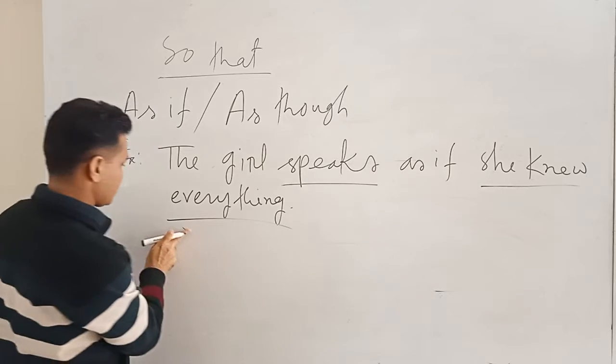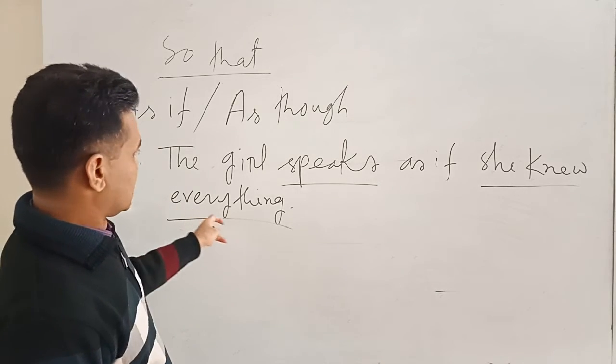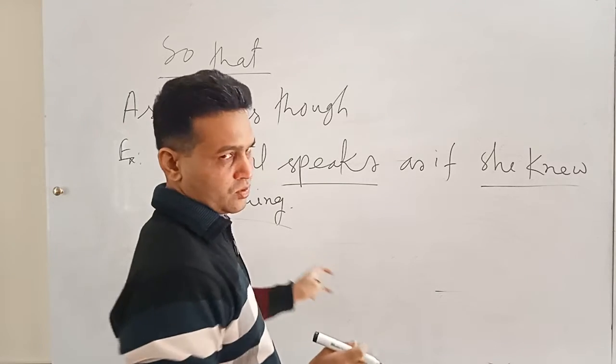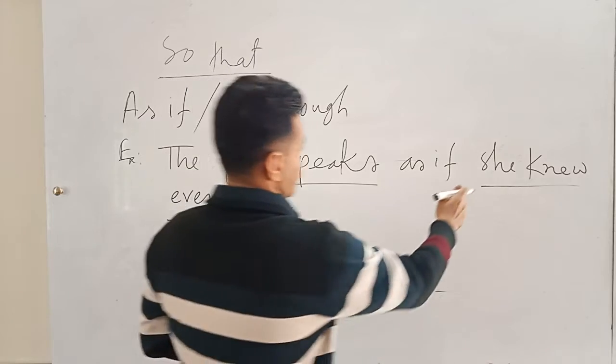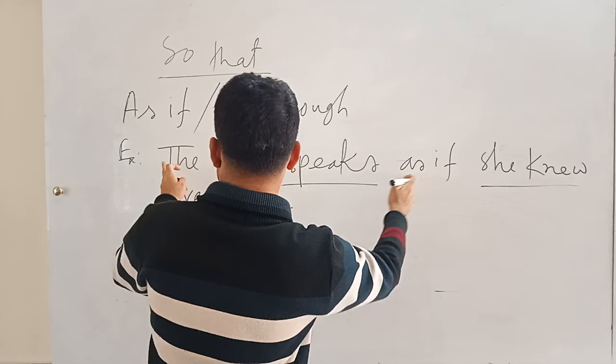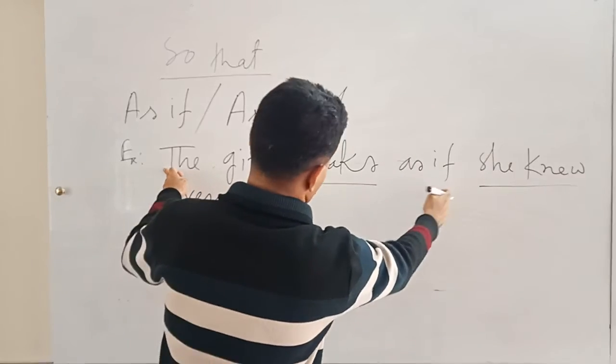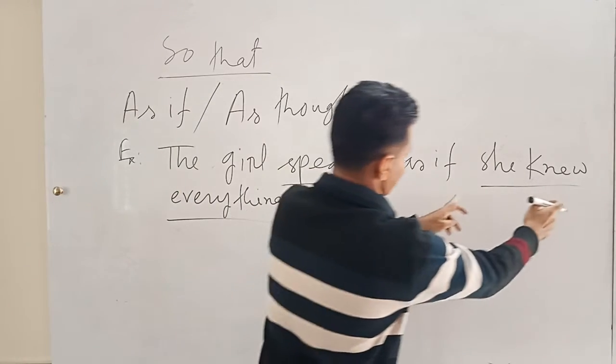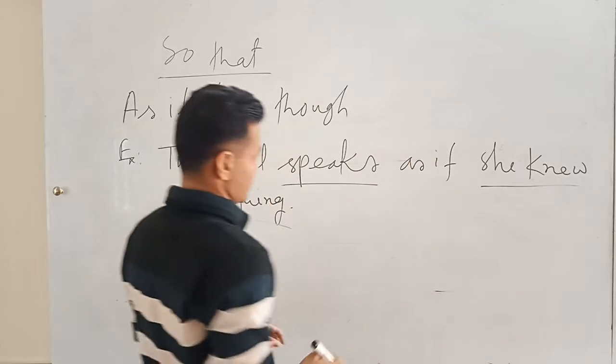This is the completing part which I have written. She knew everything. Here, the first clause is in present indefinite tense, the clause containing as if, so the second clause is in past indefinite tense.